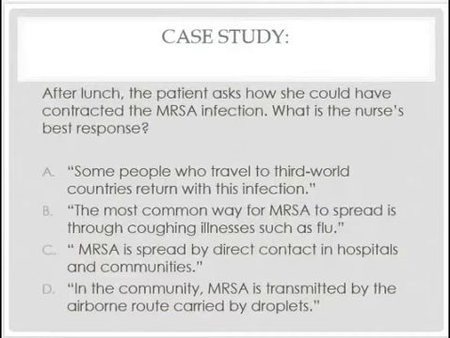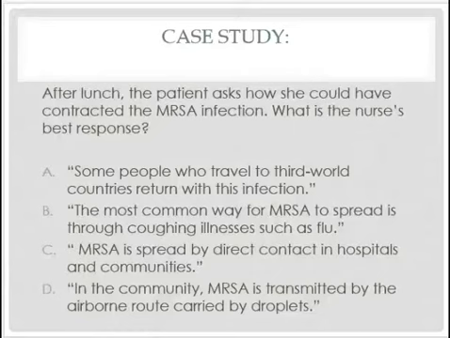After lunch, the patient asked how she could have contracted the MRSA infection. What is the nurse's best response? A. Some people who travel to third world countries return with this infection. B. The most common way of MRSA to spread is through coughing illnesses such as the flu.